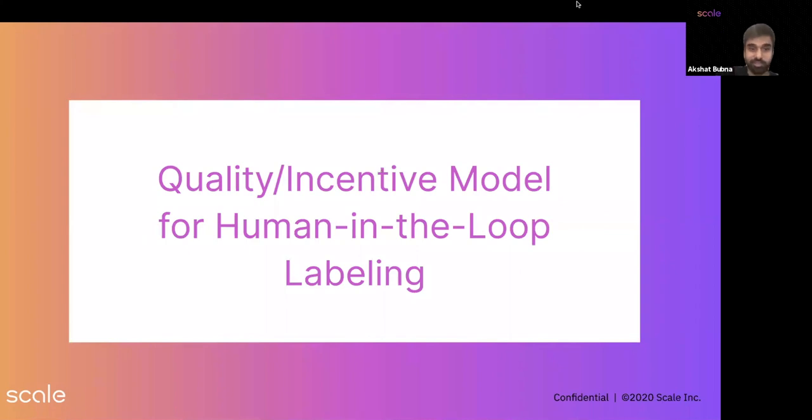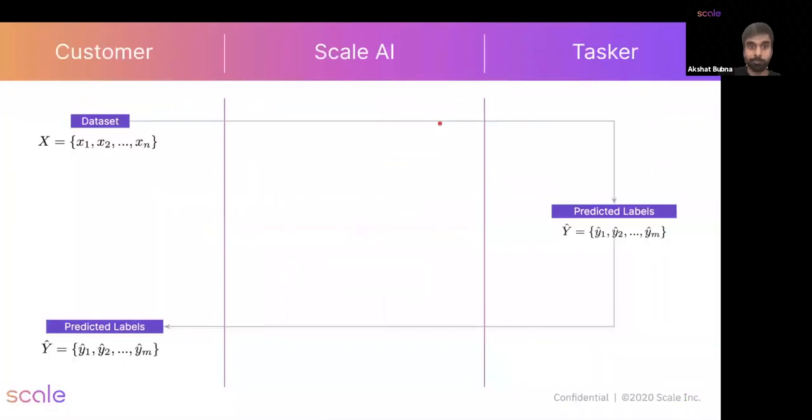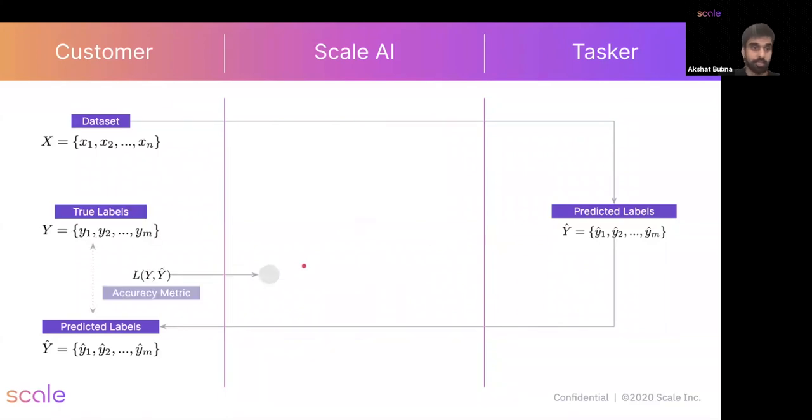Yeah, what is our quality and incentive model? So let's start off with something really simple. We have a data set and we want to predict labels for it and give them back to the customer. And when we give them back, the customer actually has some true labels, and their main metric is that they want the accuracy of labels we send back to be high, and they give that feedback to us.